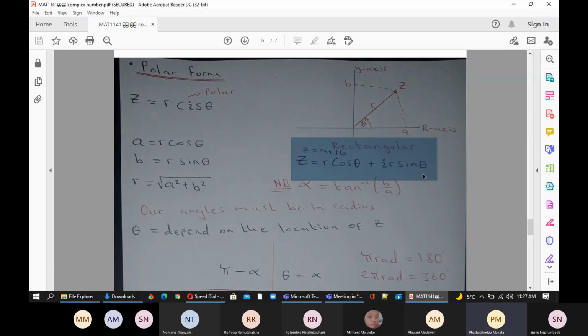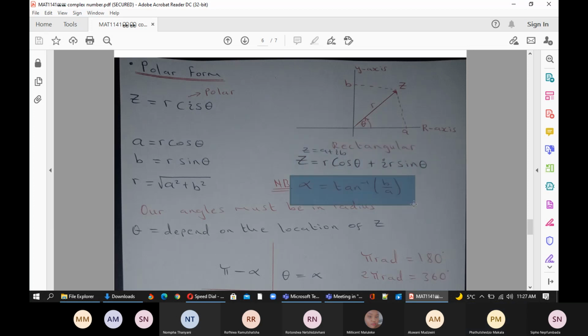Any question? But you have to know that tan theta is equals to opposite over adjacent, which is B over A. Therefore, theta, sorry, I wrote alpha here.